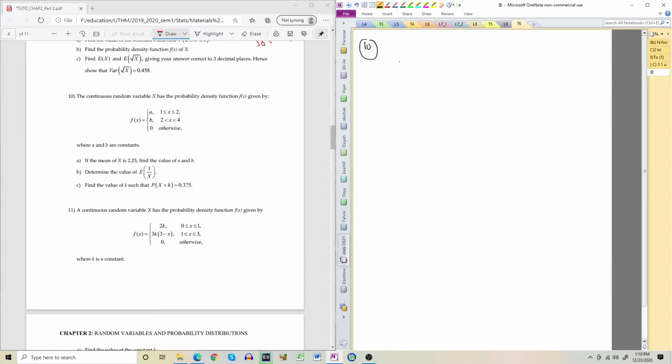They say the mean of x is 2.25, so the clue is the mean. Mean is 2.25. Integral 1 to 2 ax dx plus integral 2 to 4 bx dx equal to 2.25.